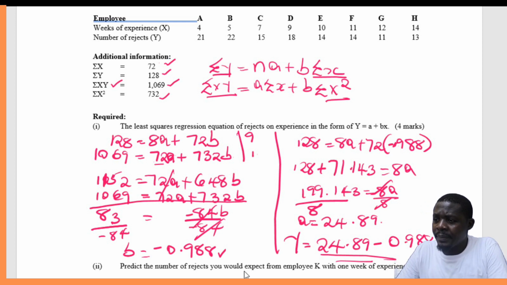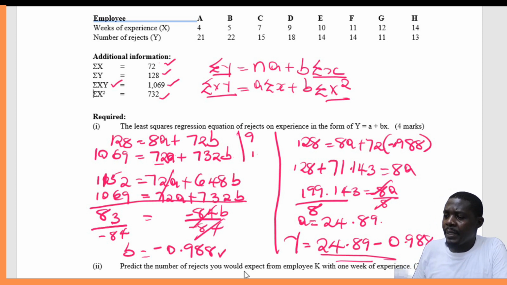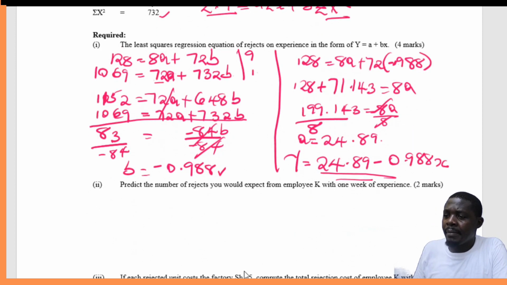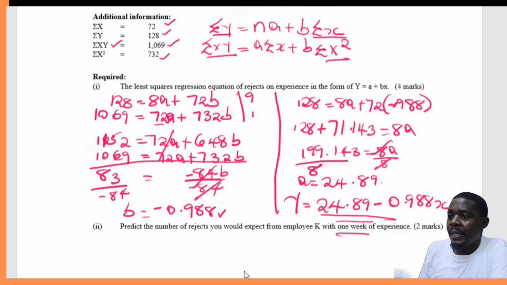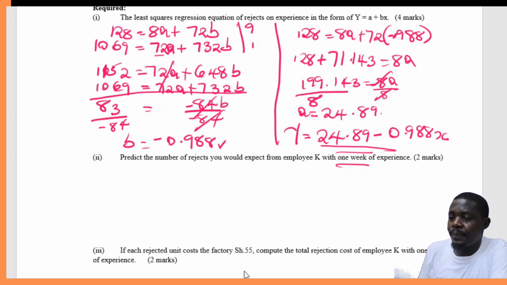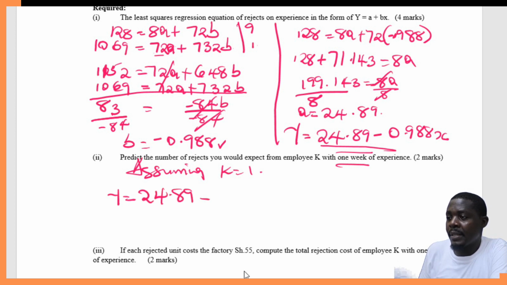So we are told to predict the number of rejects you will expect from employee K with 1 week of experience. Now, therefore, we can say that, assuming K is equal to 1 week of experience, we can just bring in our equation: y is equal to 24.89 minus 0.988 into 1.